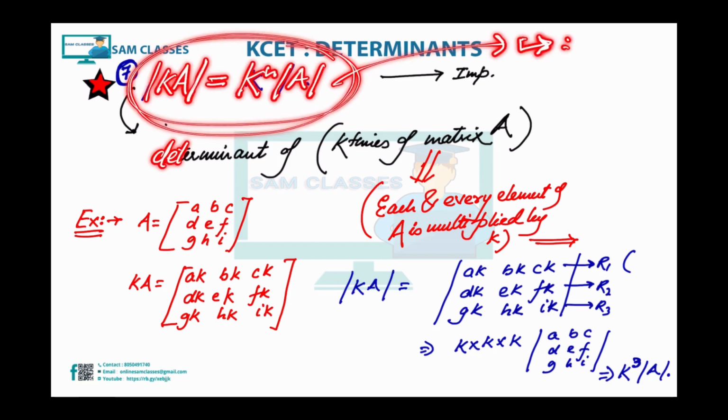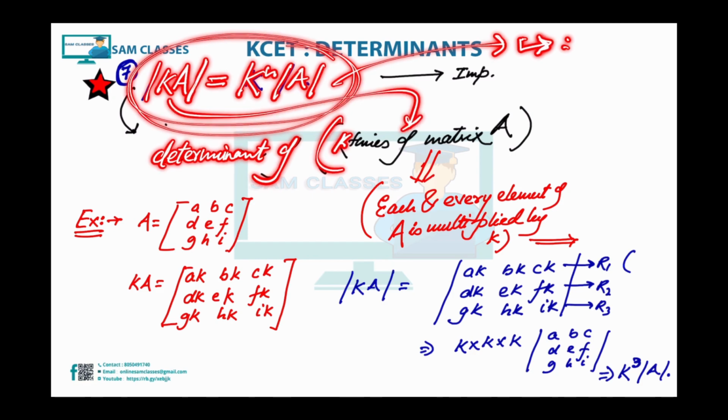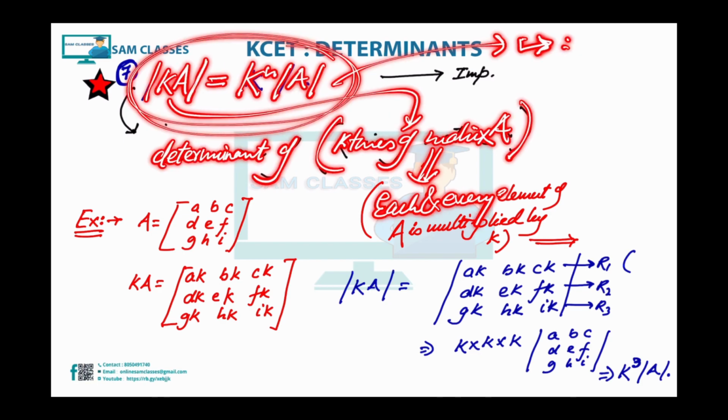When I say determinant of kA, it means the determinant of k times matrix A. The moment we write k times matrix A, it means matrix multiplication with a scalar. Each and every element of A is multiplied by k, correct?